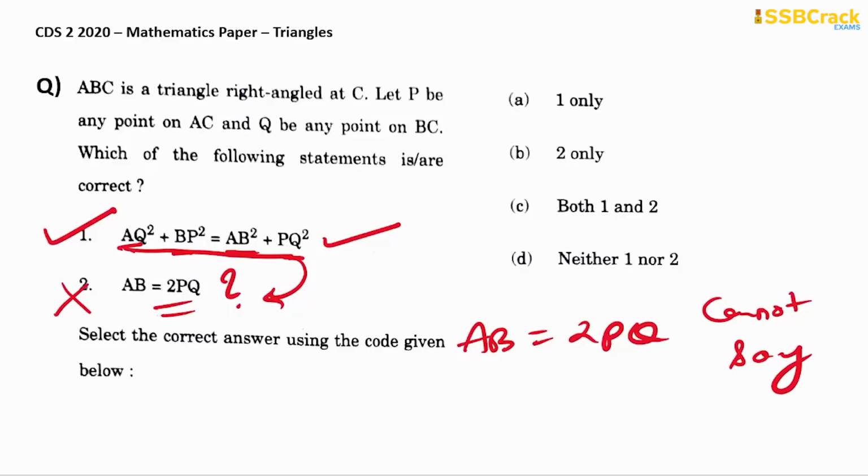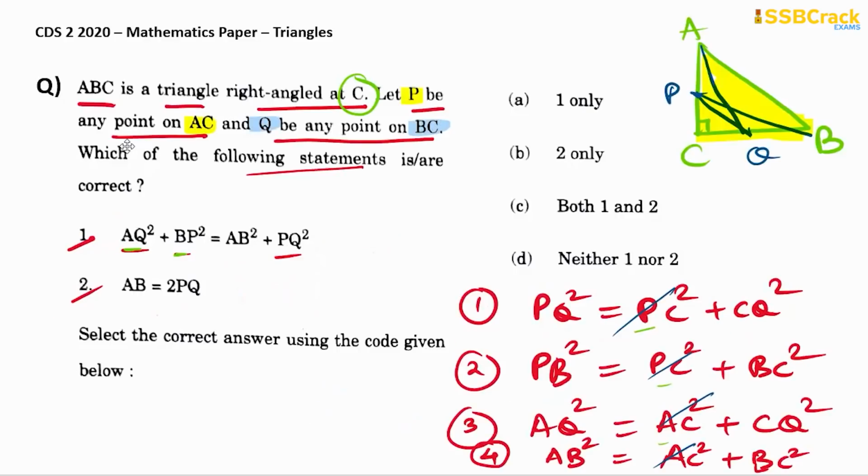See, if it were true, what would happen? The AQ square plus BP square in the first statement would become 2 times PQ square, right? And that won't derive any situation for the triangle provided in the question. In the question we have a right angle triangle where for PQ square we have PC square plus CQ square.